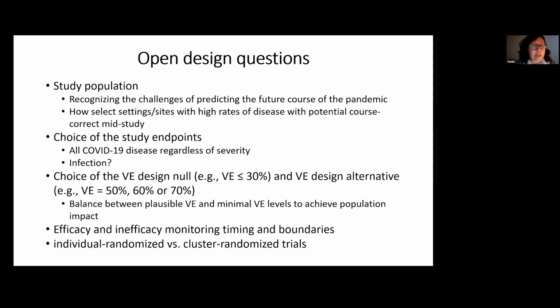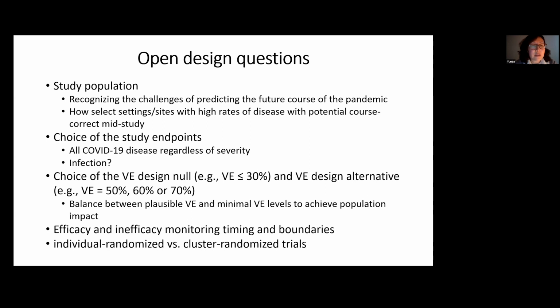That's another possibility, because some vaccines might work against infection and consequently reduce disease acquisition. Another question is the choice of the vaccine efficacy design null. Currently in the protocol, we use 30%, and the study is powered at 90% to look at a 70% alternative versus 30%.